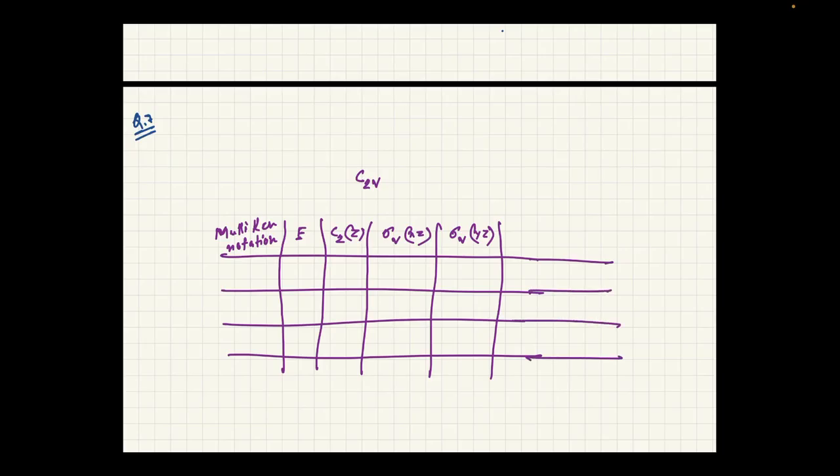Then this side will be for basis function, like which basis function we are using. This is for linear rotation and this is for quadratic.